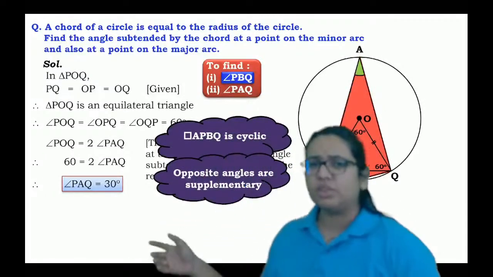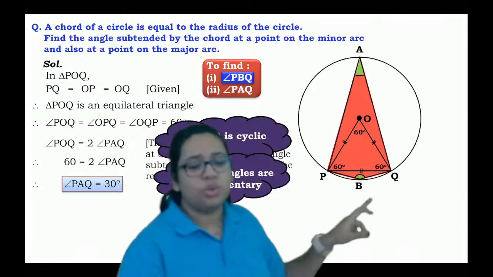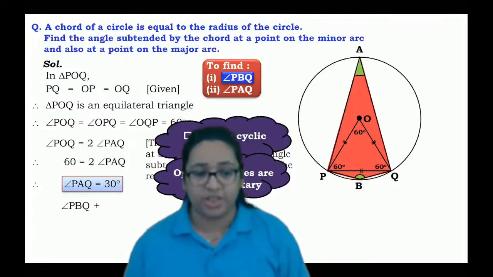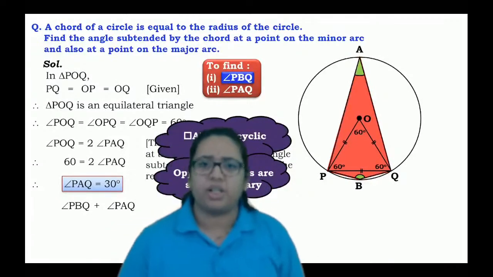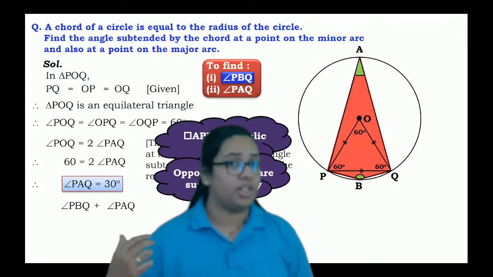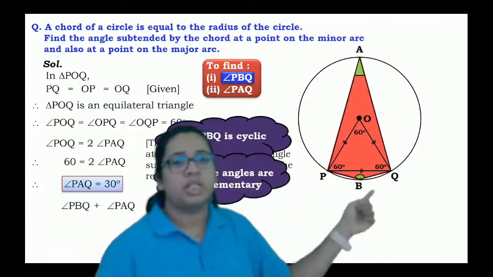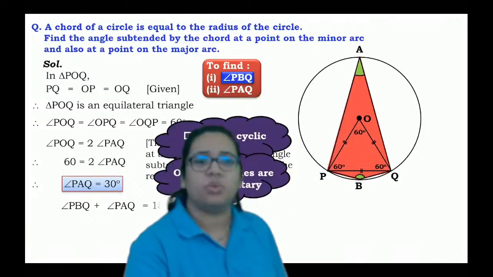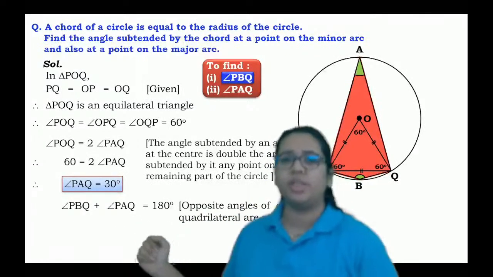Okay. So we can see here that APBQ is a cyclic quadrilateral, right? As it is a cyclic quadrilateral, one of the properties we have seen in the last lecture is that the sum of the opposite angles is equal to 180. Hence PBQ plus PAQ is equal to 180.